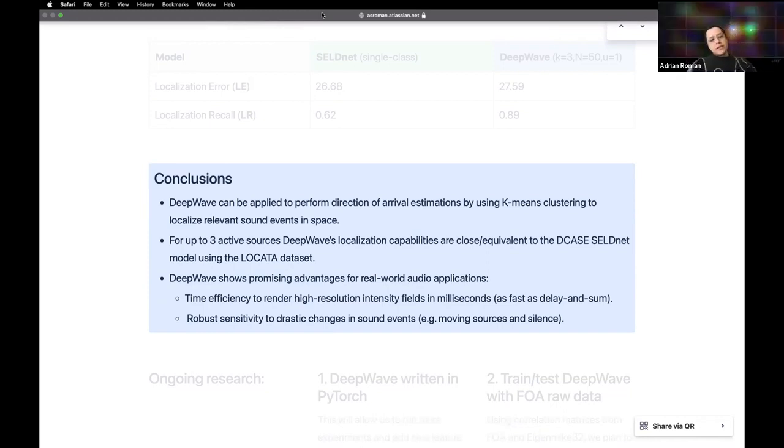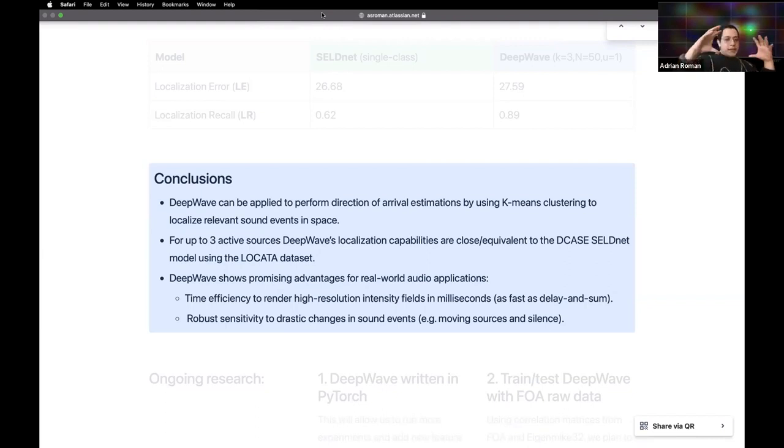Good point. K-means is not involved in training. K-means is just the method we use to extract the localization that the model is able to learn. For actual training, DeepWave uses another model as a guide. It's called APGD, which stands for accelerated proximal gradient descent.